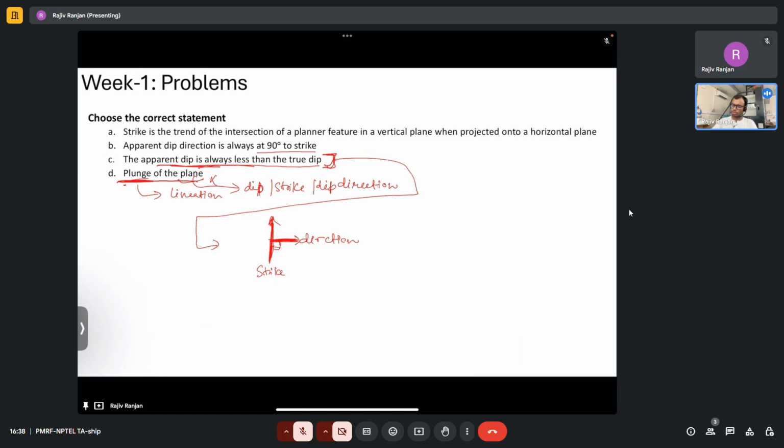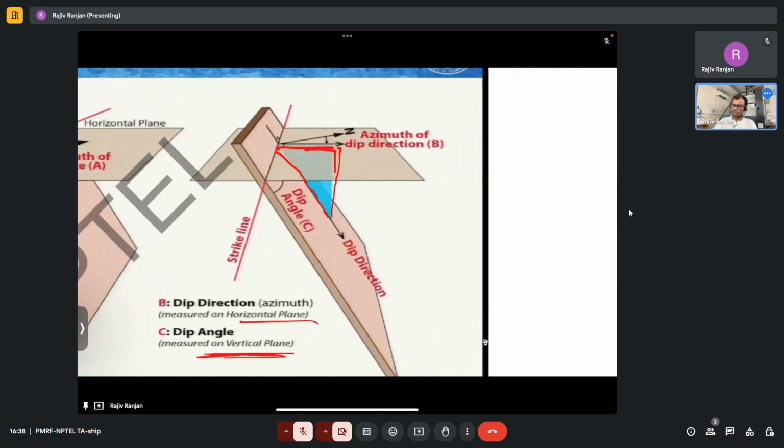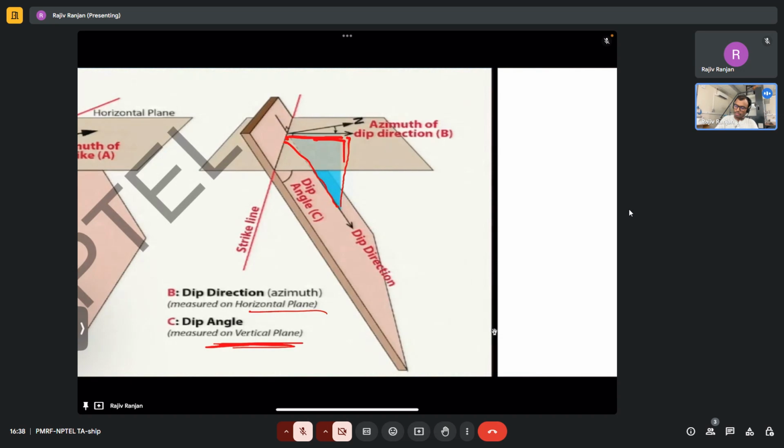However, I will go back to the previous slide, and if you see here, the blue plane is at 90 degrees to the strike. However, if we measure in some other plane, suppose at 70 degrees or 60 degrees, what will happen?